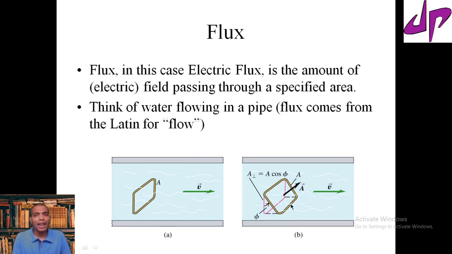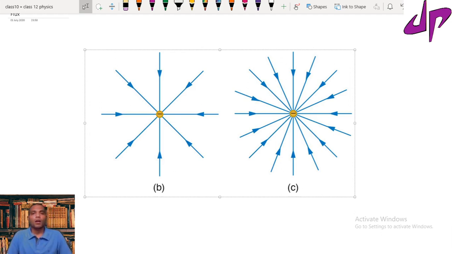Now if you make an angle here, automatically the amount of water flowing through it also changes. We need to apply the same analogy to our electric fields. Let us apply the same analogy to our electric field here.